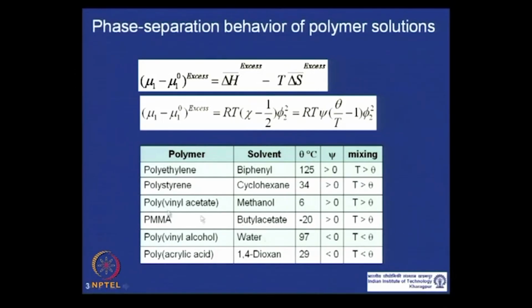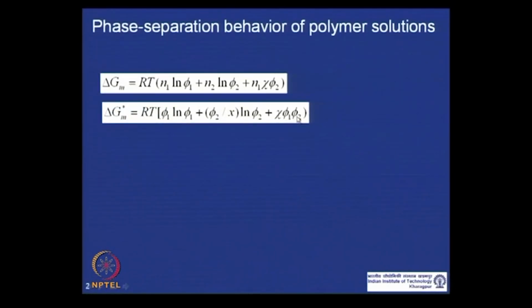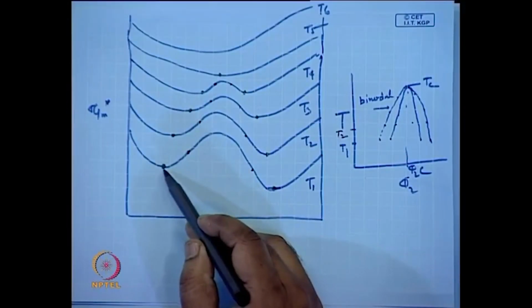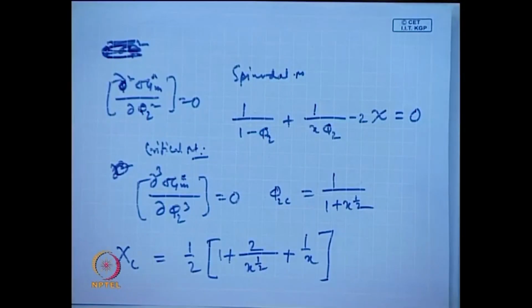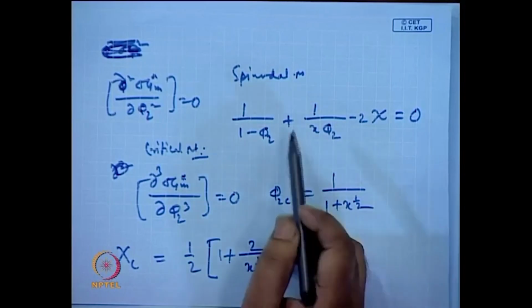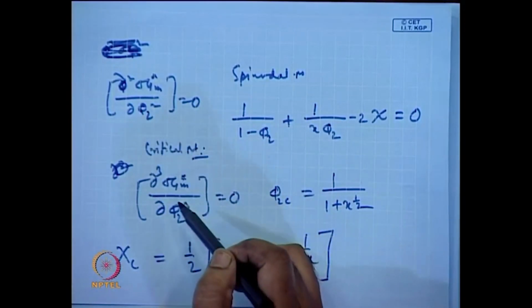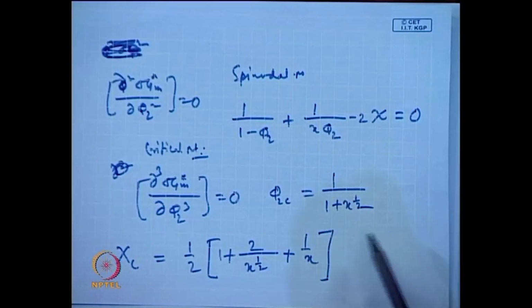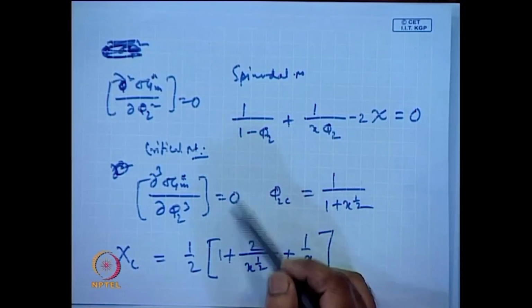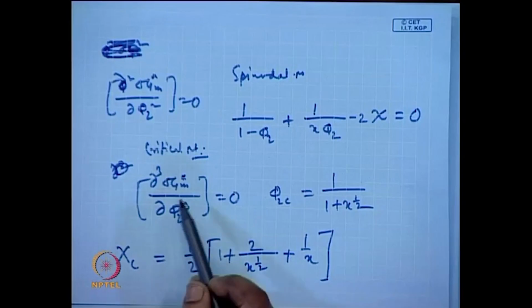Now, what we have seen in the last lecture is that for these binodal points you have the first derivative 0, for spinodal points you have the second derivative 0, and for the critical points, where both the spinodal curve and the binodal curve merge, the third derivative is also 0.